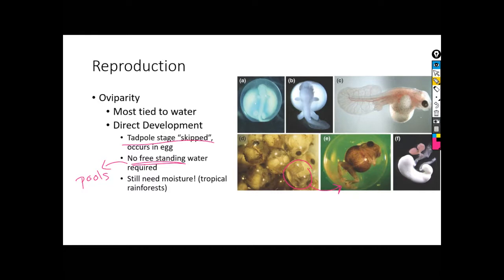Just enough that's going to keep my eggs moist. But since I'm not going to hatch out of my egg and need to swim around, I'm never going to be fish-like, I don't need an actual pool or pond. I just need to keep the egg wet enough that it doesn't dry out. Okay, so that's what we mean by still needing moisture. Just something wet enough.